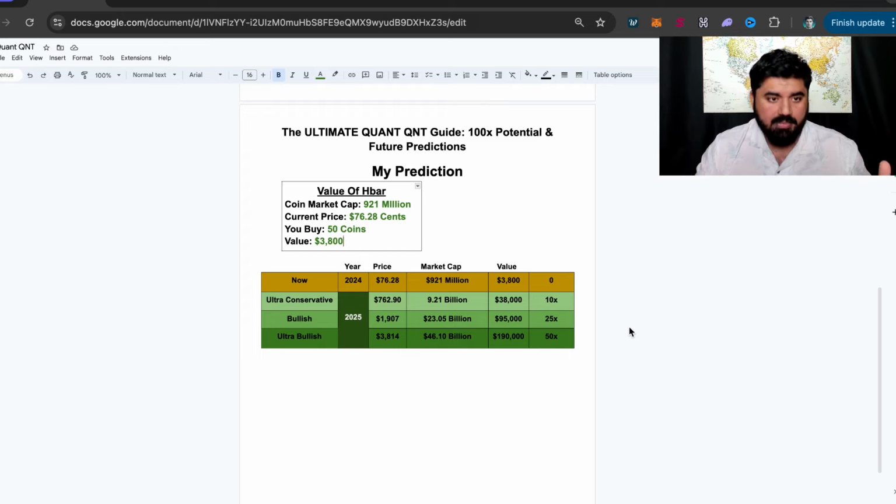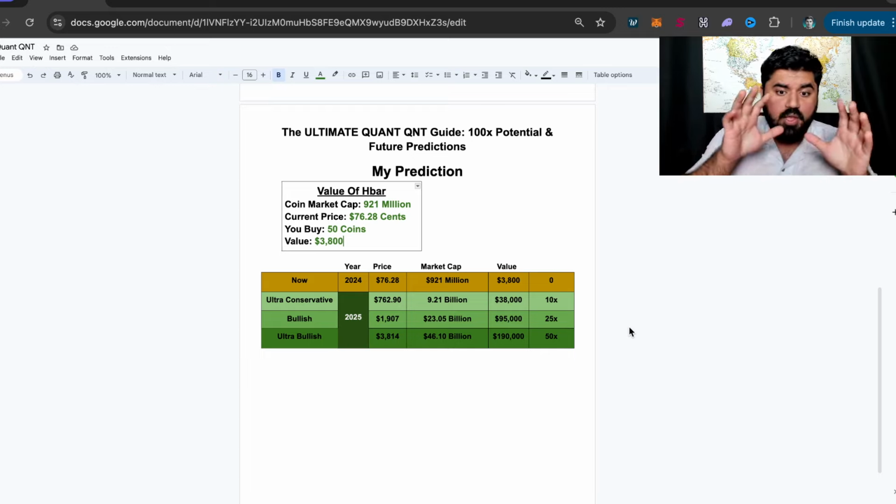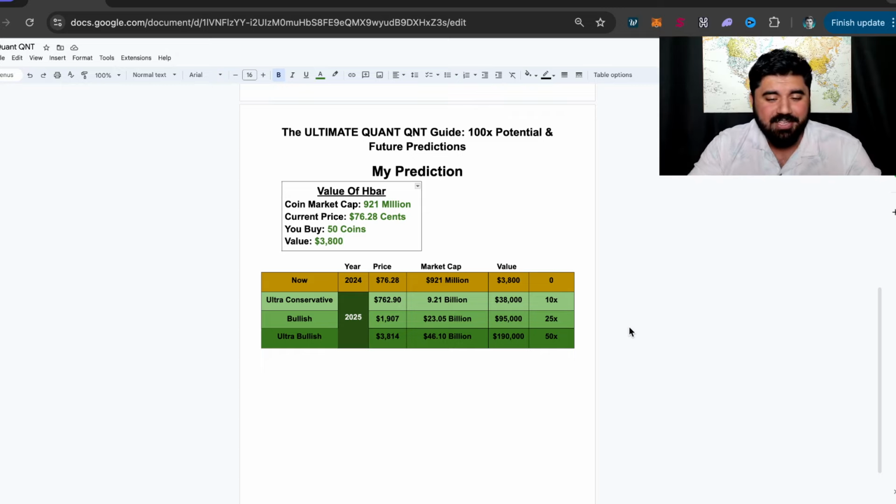That's very common in the crypto market. The all-time high recently, the one that happened 3 years ago, was almost a $5 billion market cap.